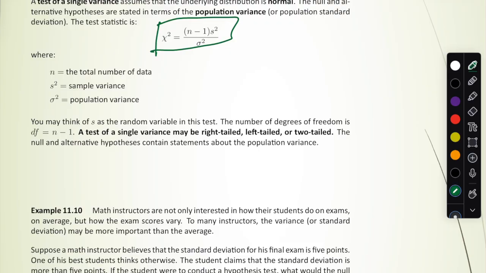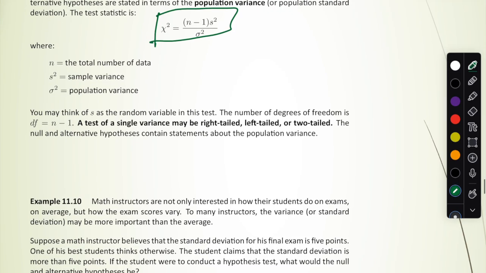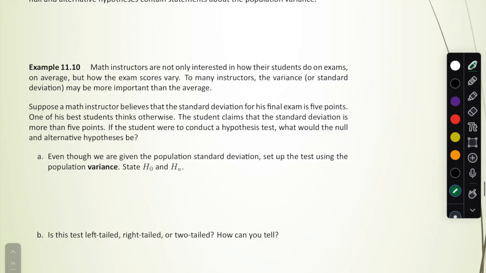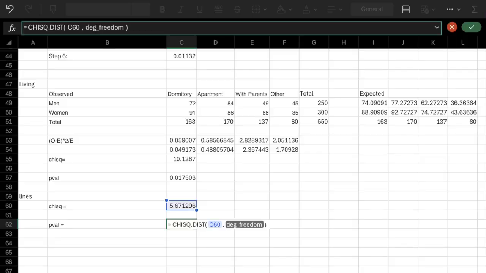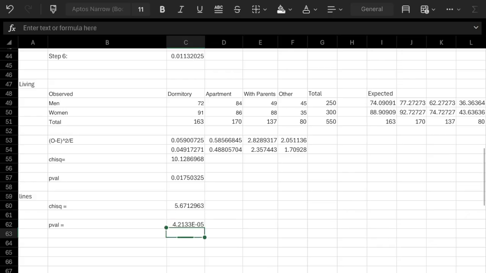And notice what it says: a test for a single variance may be right-tailed, left-tailed, or two-tailed. So that's going to be 24 as our degrees of freedom, comma 1. All right, because we want the area to the left. So we'll do 1, enter, and it's really very, very small.